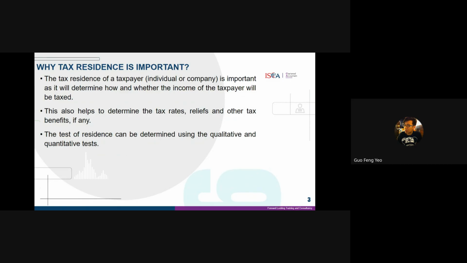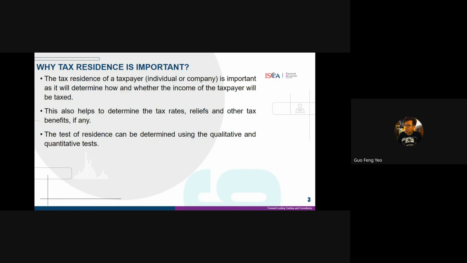In addition, certain reliefs are only available to tax residents of Singapore. Therefore, it is important to understand the ways one can determine tax residency of either an individual or a company.